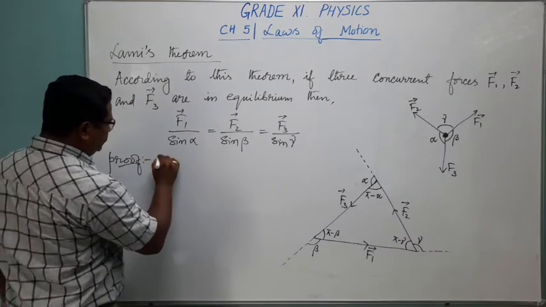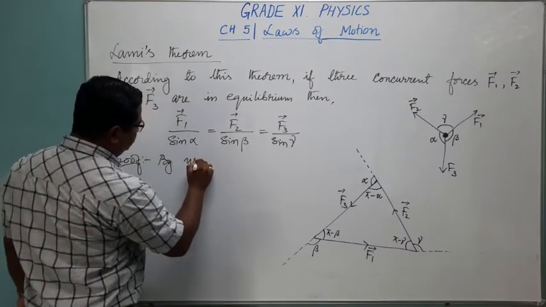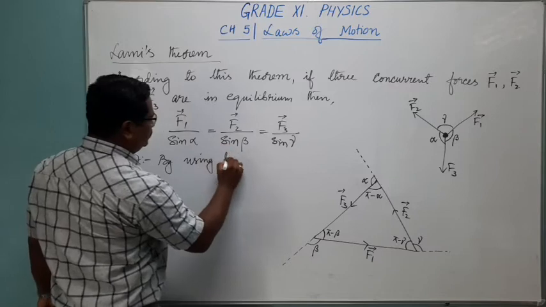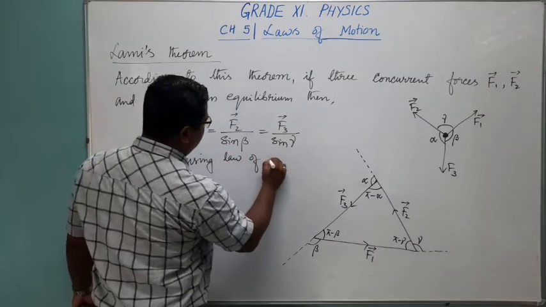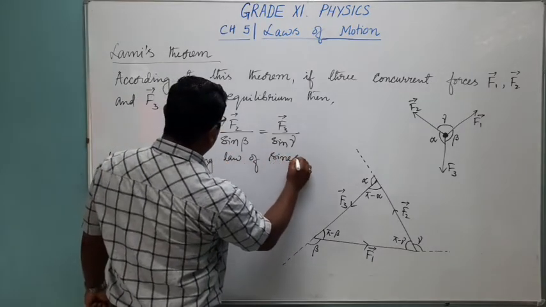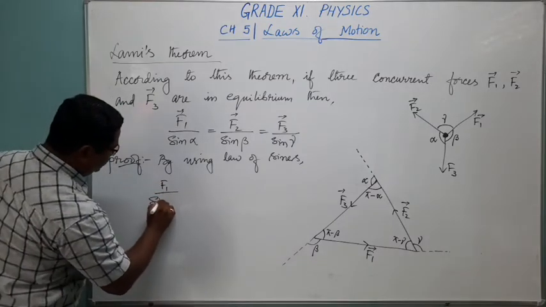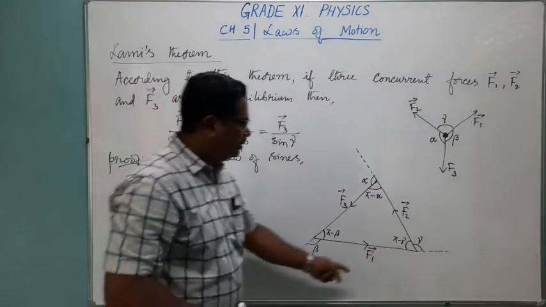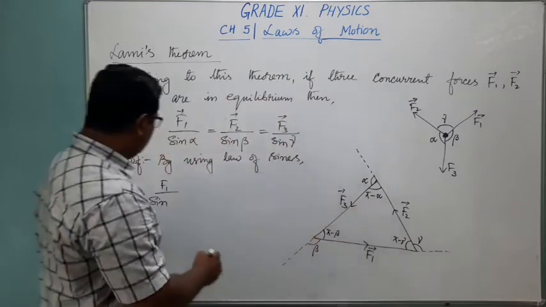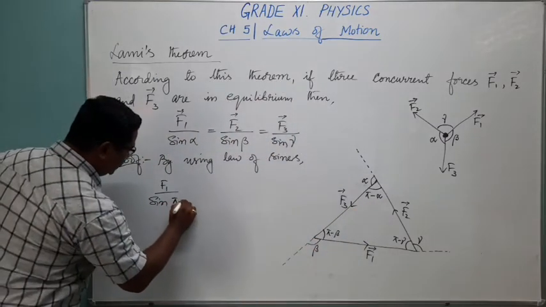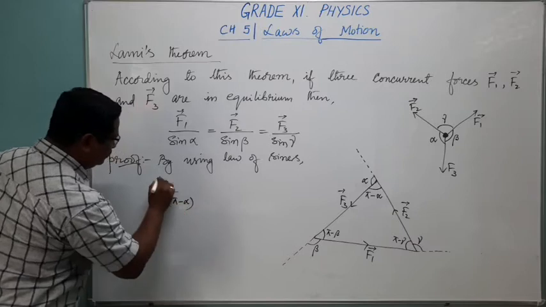By using law of sine, F1 divided by sine of the angle opposite F1, which is pi minus alpha, so sine pi minus alpha. This is your law of sine.